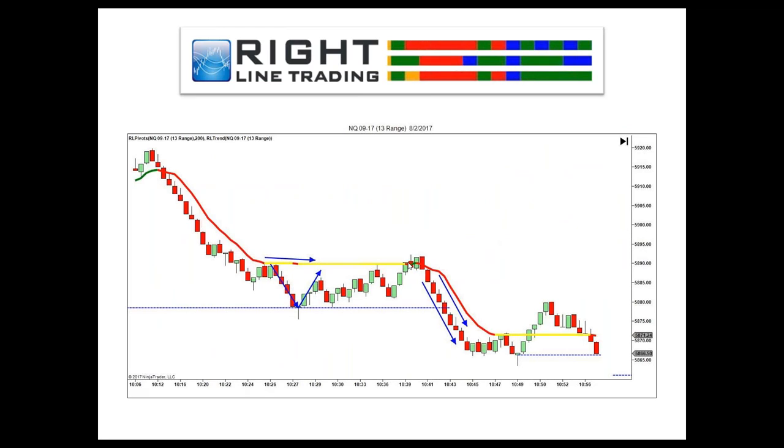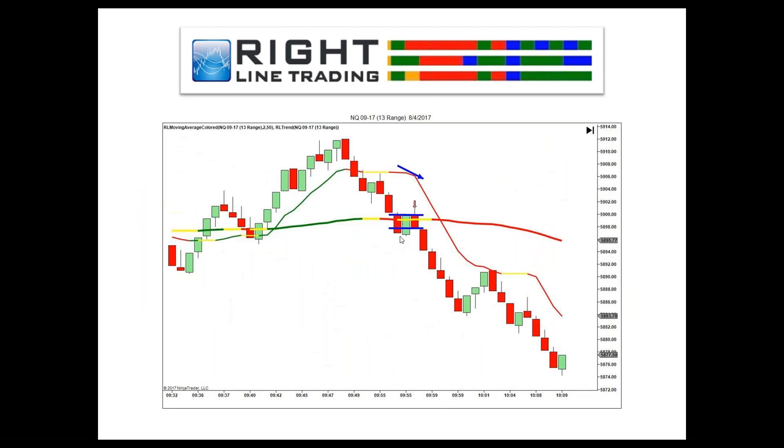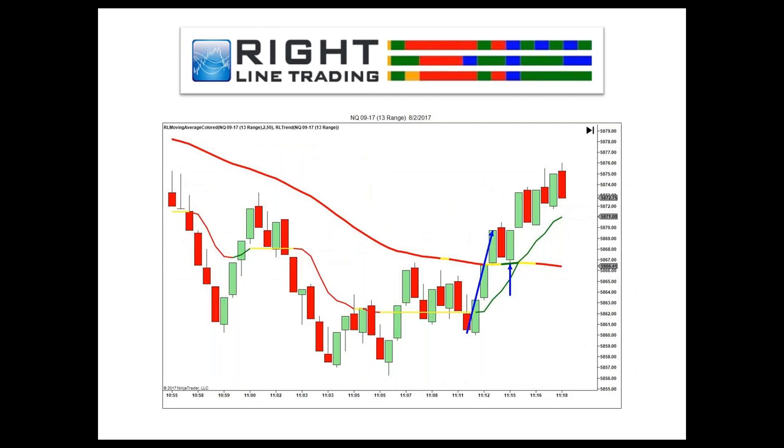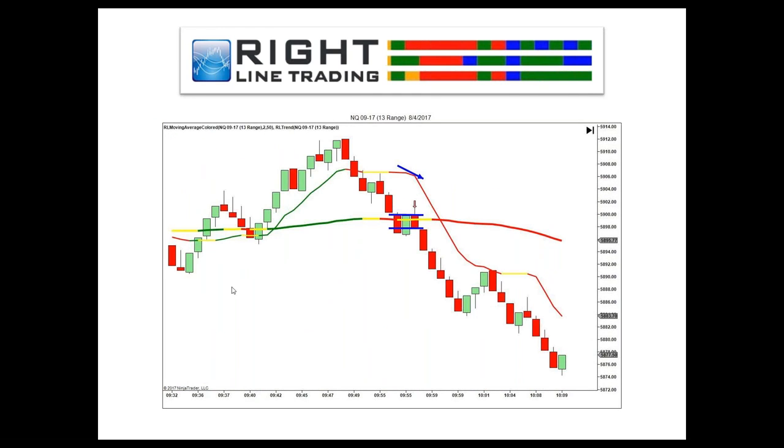Correct, Ted. Ted is mentioning that every move out of consolidation is a resumption of the trend, and that is exactly correct. The issue, though, is this is consolidation too, Fred, right here, in a sense. It doesn't define exactly what our consolidation is.